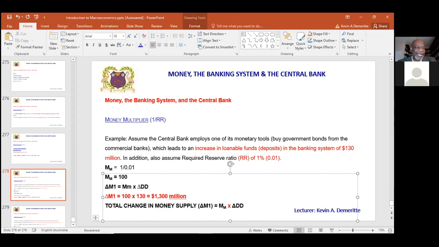And one of the tools the central bank has, it can either buy or sell government bonds to the commercial banks, or buy them from the commercial banks. Think about this. We know that the commercial banks don't want to hold on to a ton of cash because there's no money to be made hanging on to cash.